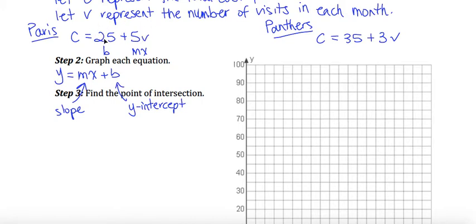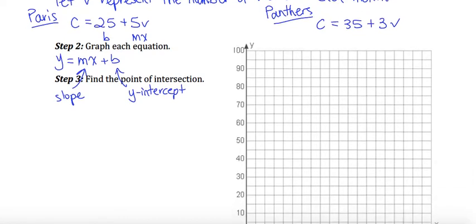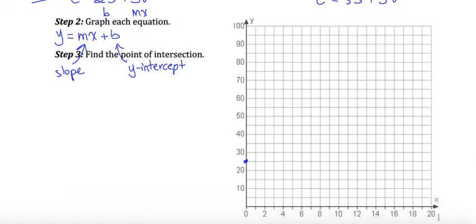So when I am sketching these lines, this is my y-intercept. So for Paris, I am going to go up to 25, which is right here, and this is my y-intercept there.